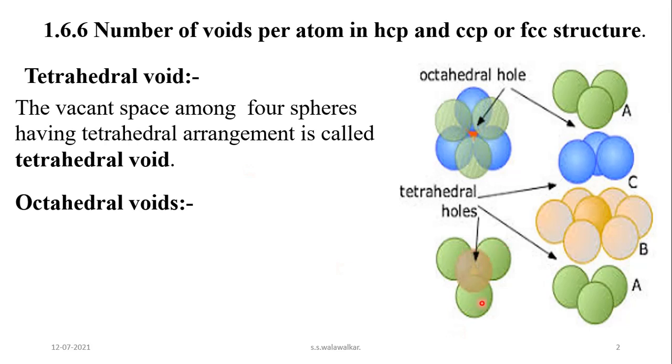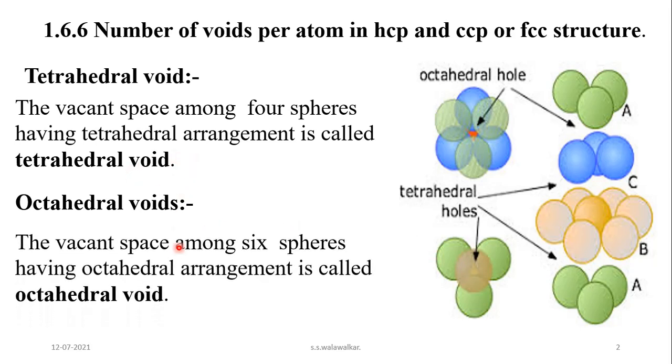These are the three spheres of layer A, and when these three spheres are joined, a triangular empty space is formed. And above this empty space, if the sphere of the second layer is placed, then that void which is formed in between these four spheres is called a tetrahedral void.